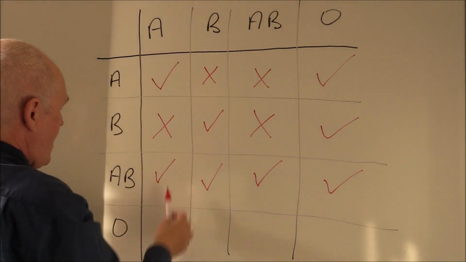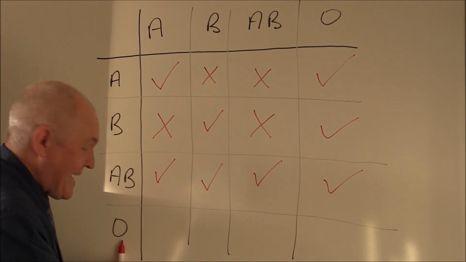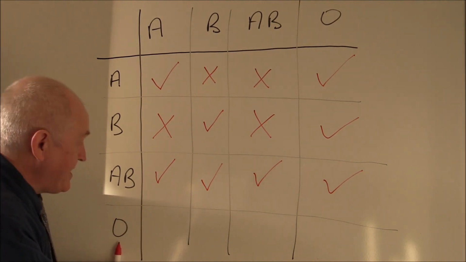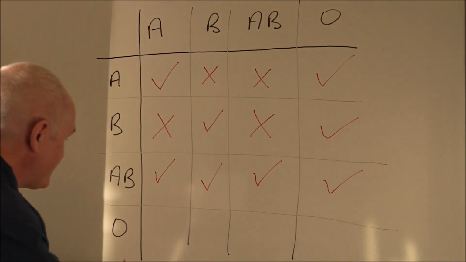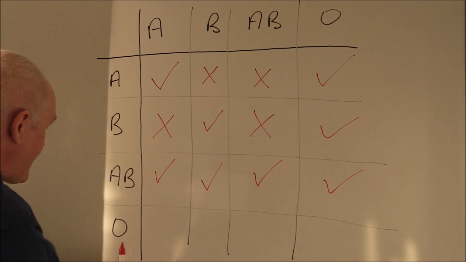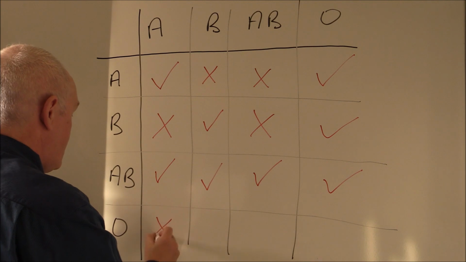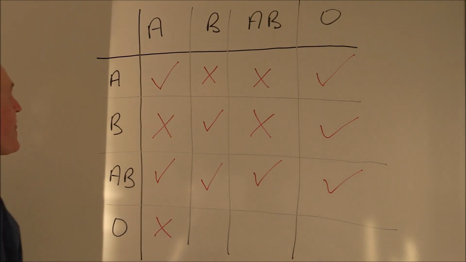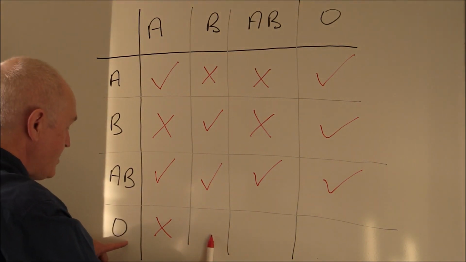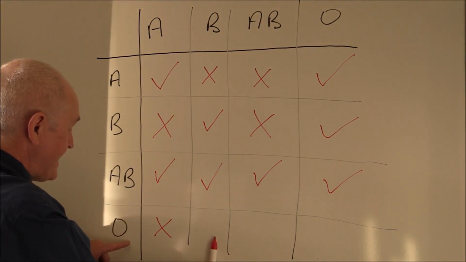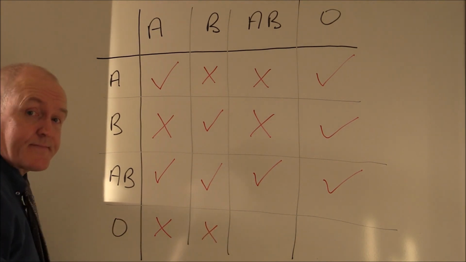Now if A gives to O, in O blood there is going to be anti-A and anti-B antibodies, so the A antigens will be agglutinated by the A antibodies in the group O recipient's plasma, so we can't have that. B antigens again will be agglutinated by the B antibodies in the group O blood, so we can't do that.